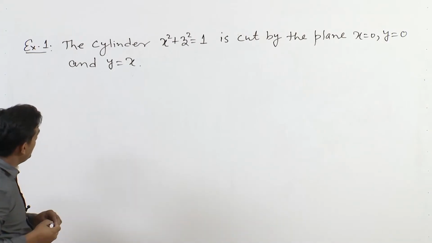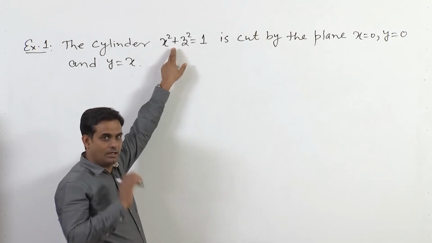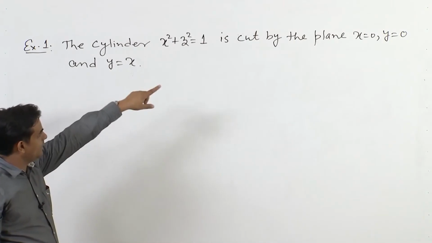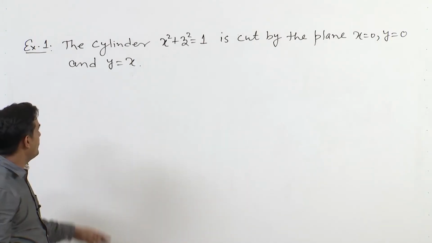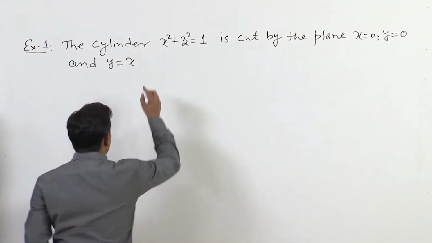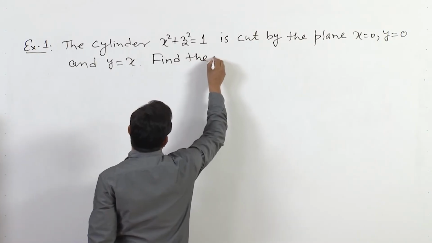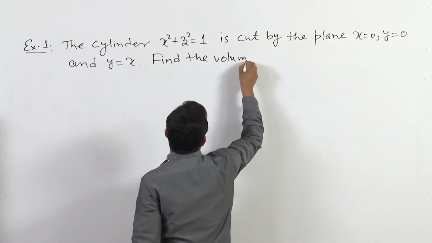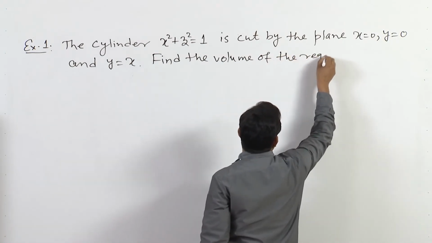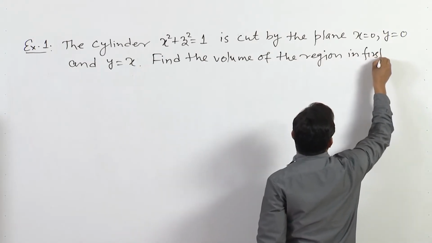So this is a cylinder of radius 1 along the y axis, and it is cut by these three planes x equals 0, y equals 0 and y equals x. Find the volume of the region in the first octant.